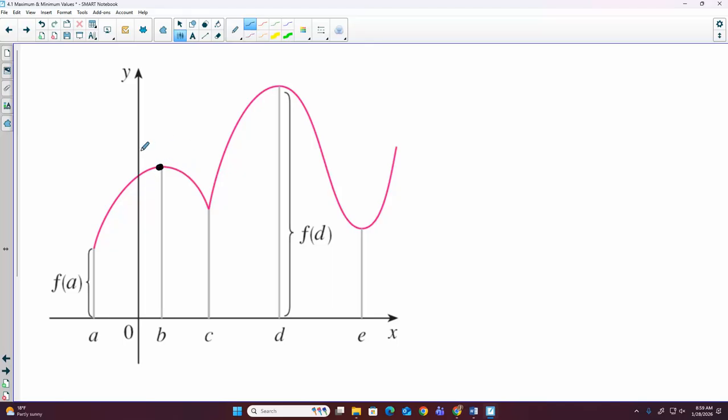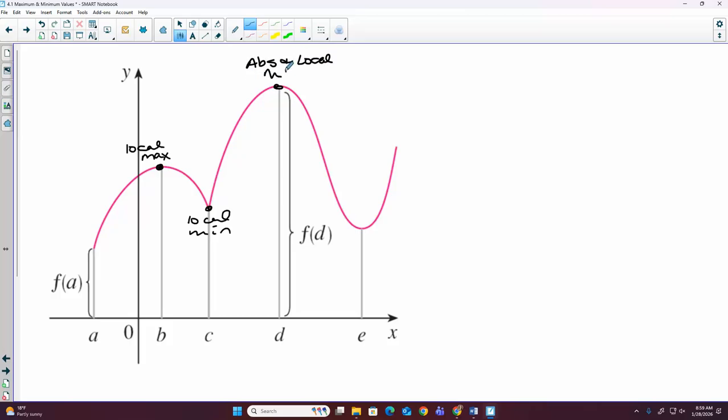Yes, so that's what we call a local max. It's the maximum in that area, but not everywhere. What would this one be? Okay, this point right here, it's the highest on the graph, so it's the absolute max. But it's also higher than the points on either side, so that is both the absolute and the local max.